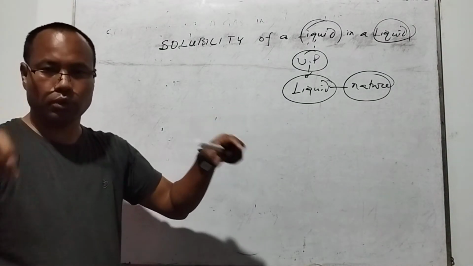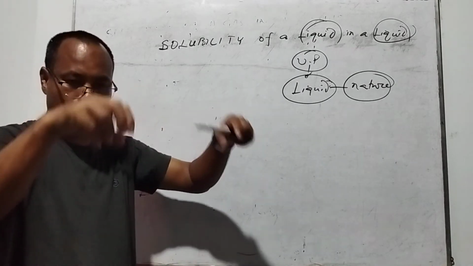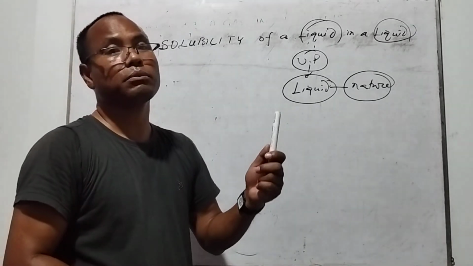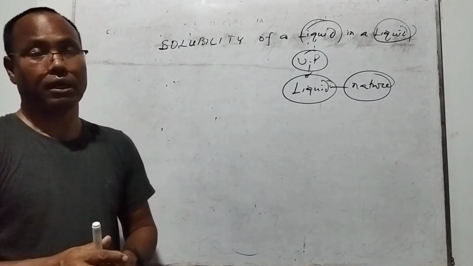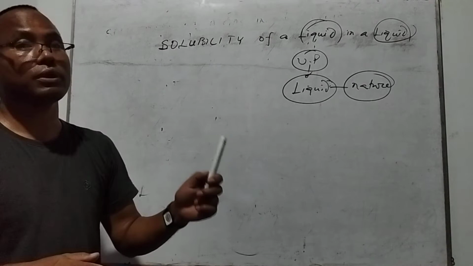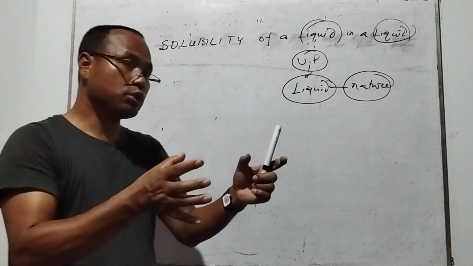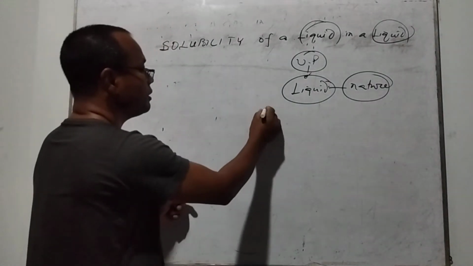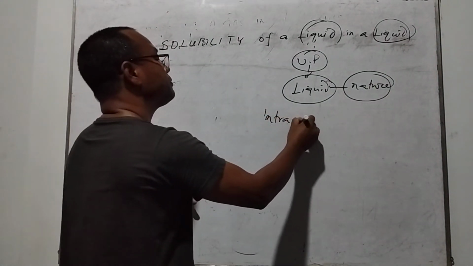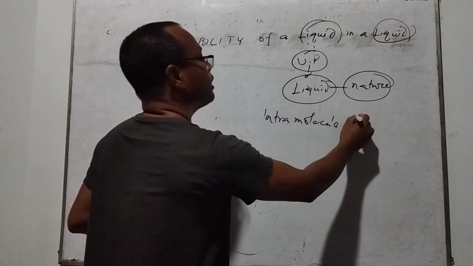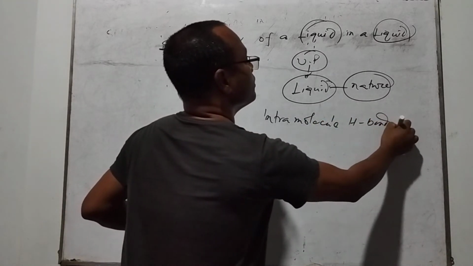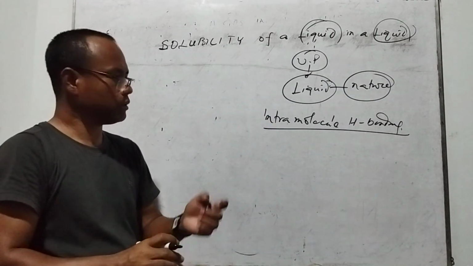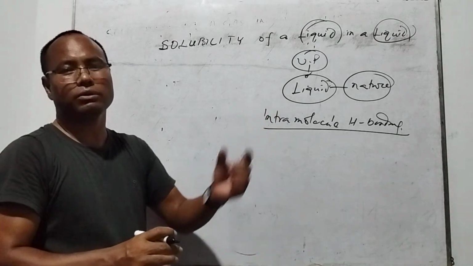Another one is between molecules: the hydrogen bond between two molecules is what we call intermolecular hydrogen bonding. The other is the intramolecular hydrogen bond.